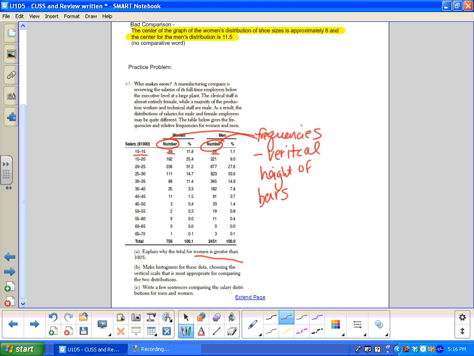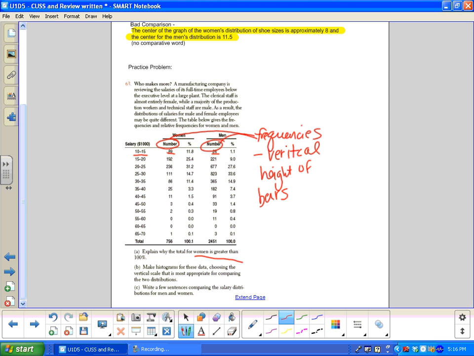Once you make your two histograms, you're going to write a few sentences to compare the two distributions. I will tell you whenever you're going to pause the video and do this, and then come back. Whenever I show you my answer, you probably want to pause it and take a look at the graphs, and then I'll scroll down, and you can pause it and take a look at what I've written, because I actually wrote quite a bit, and you'll see why I had to be so specific.